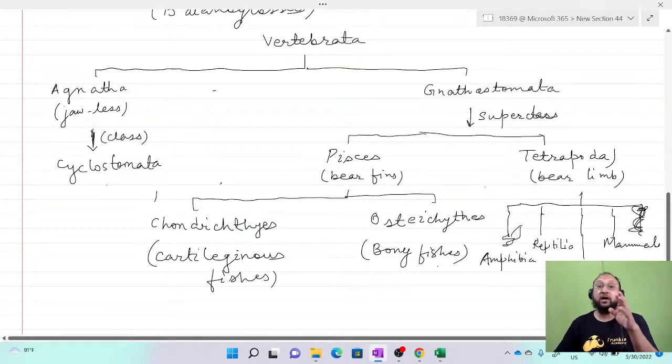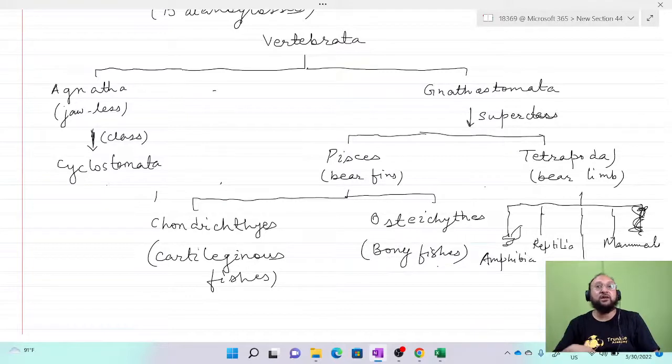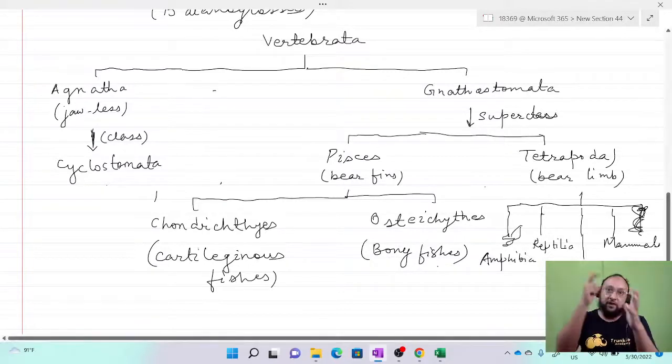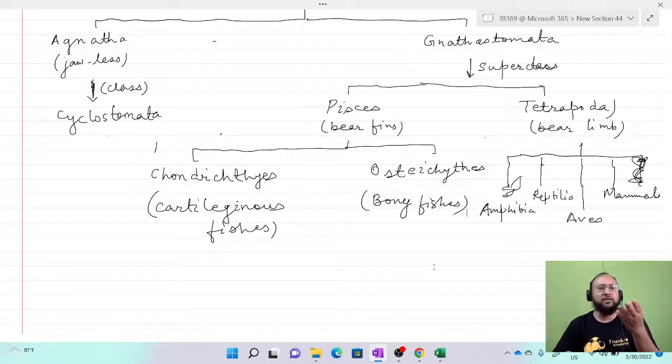In case of Tetrapoda, which bears four limbs, that means two hind limbs and two fore limbs, front limbs, two hands and two legs. Other mammals walk with the help of four limbs, like horse, elephant, tiger, dog, cat, etc. They also have four limbs. We also have four limbs, but we have a bipedal mode of locomotion.